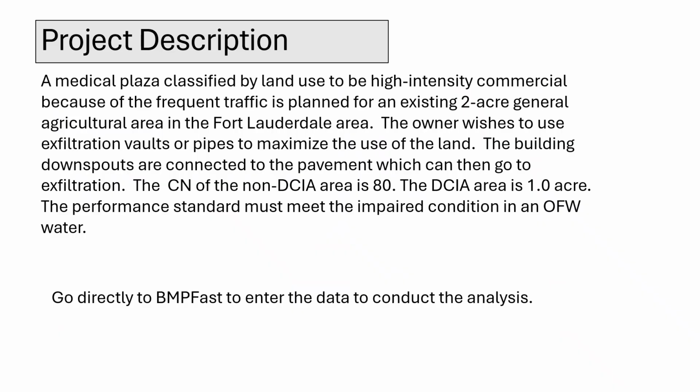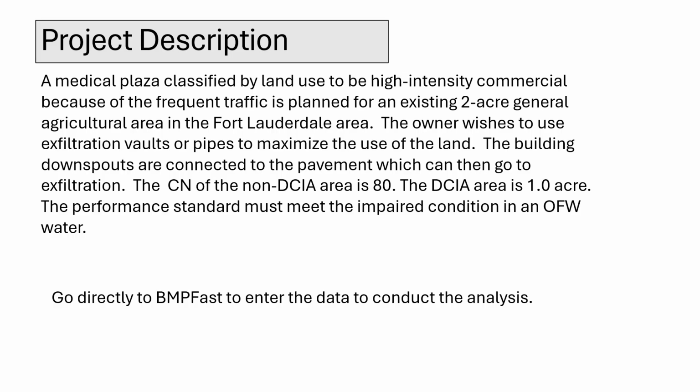This project comes from an actual permit application and is designed to demonstrate how to use BMPFast to determine annual pollutant removal effectiveness. The scenario involves a medical plaza that is classified as high-intensity commercial due to the frequent traffic it generates. The site is currently a 2-acre general agricultural area located in the Fort Lauderdale region, and the plan is to develop it for this new use.